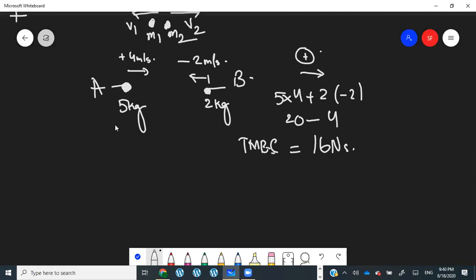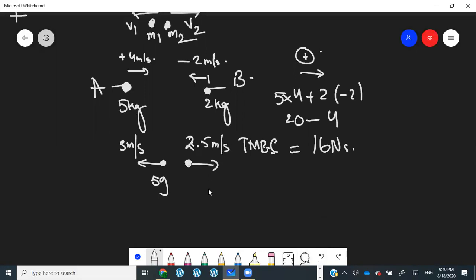And what's going to be the total momentum after collision? For that, you'll still need the values given by the examiner. So the examiner will give you some values. Let's assume the 5 kg body starts moving to the left with a velocity of, let's say, 3 meters per second, and the 2 kg body starts moving to the right with a velocity of, let's say, 2.5 meters per second this time.